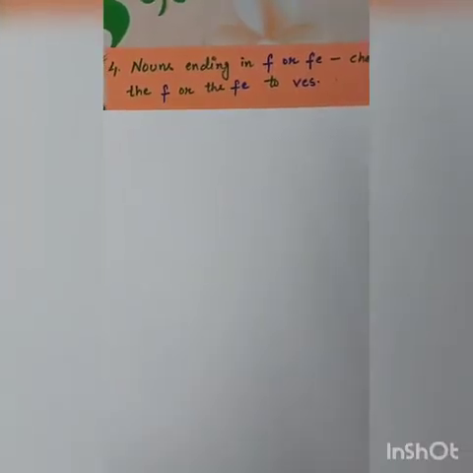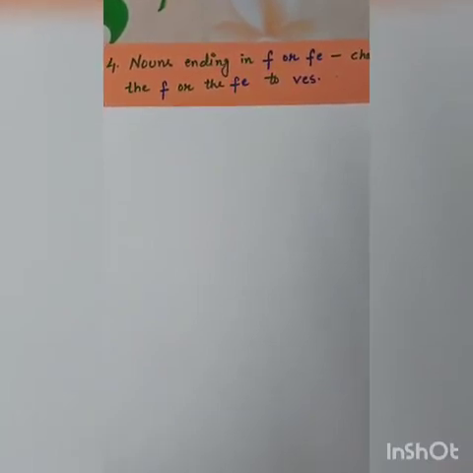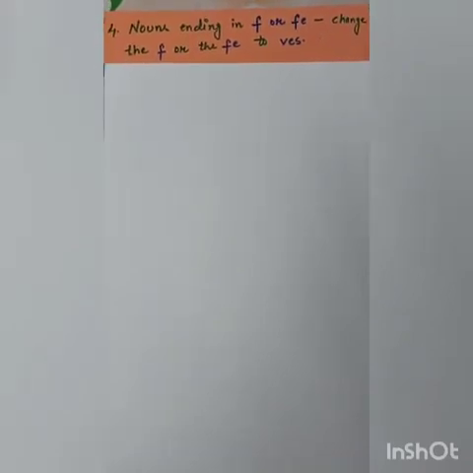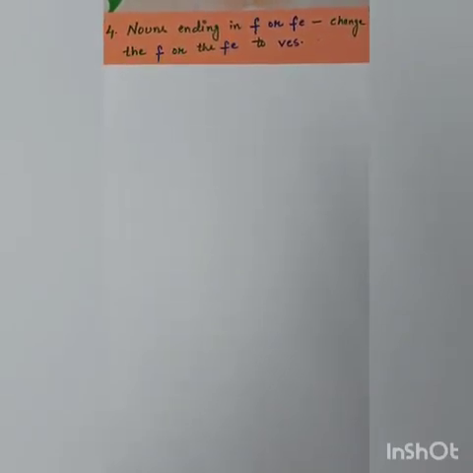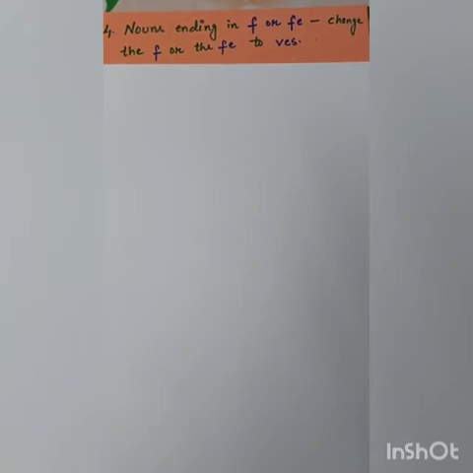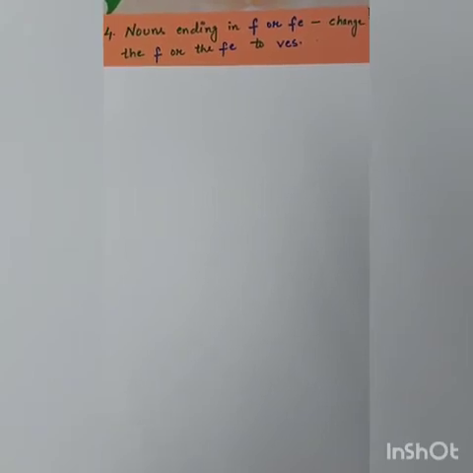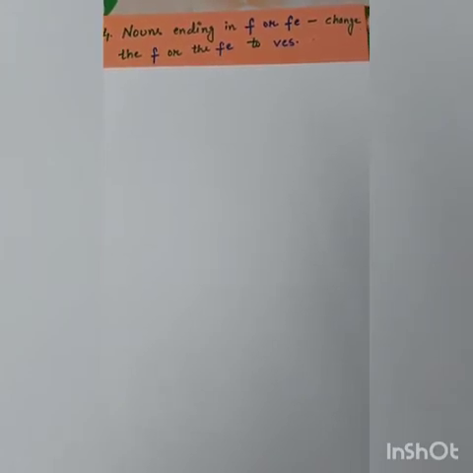Next rule is for the nouns ending in f or fe. So, the nouns that end in f or fe generally form their plural by changing the f or the fe to ves.